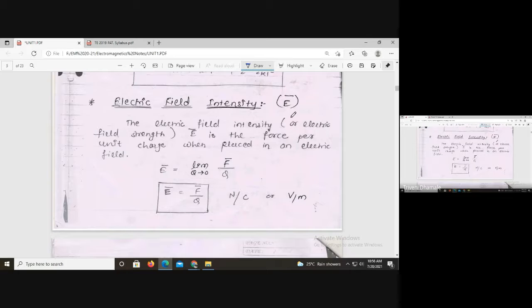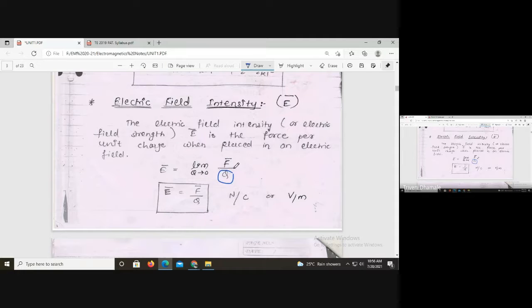It is defined as the field strength generated due to a positive static charge, and it is defined as the force per unit charge when placed in an electric field. For that specific charge, how many electric flux lines or force lines are there on that charge is measured in terms of field strength.